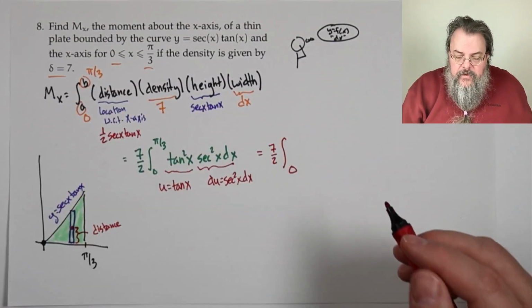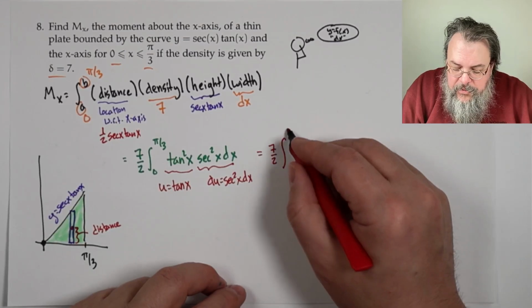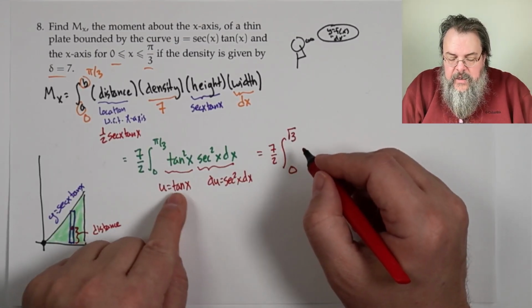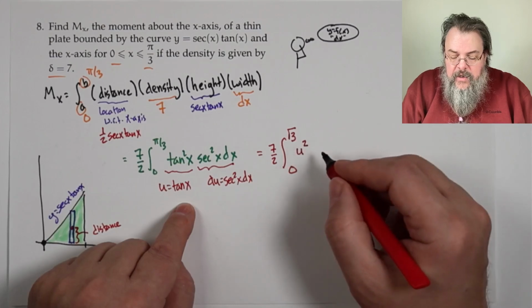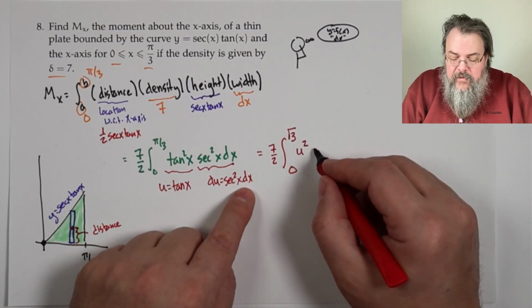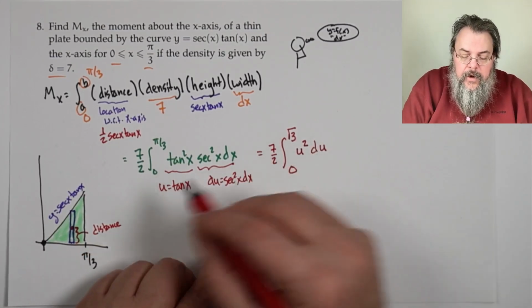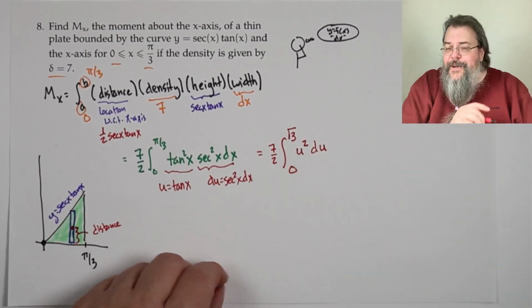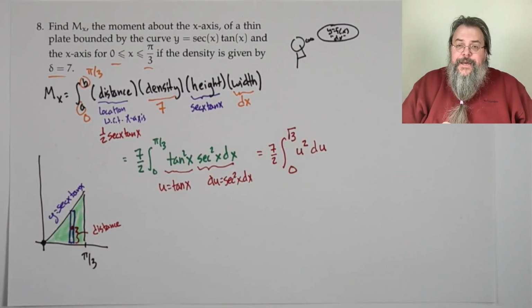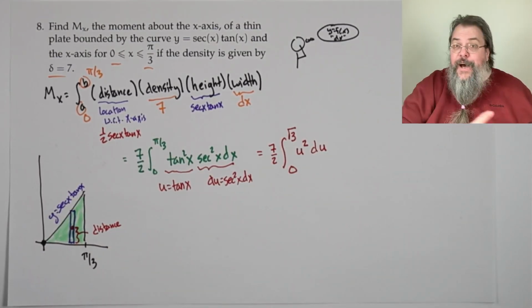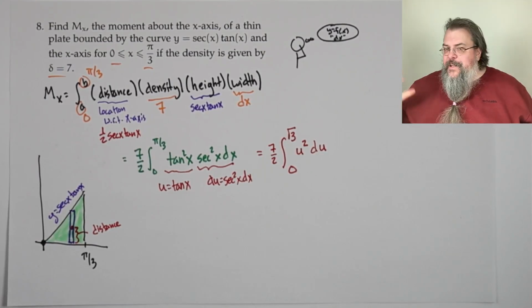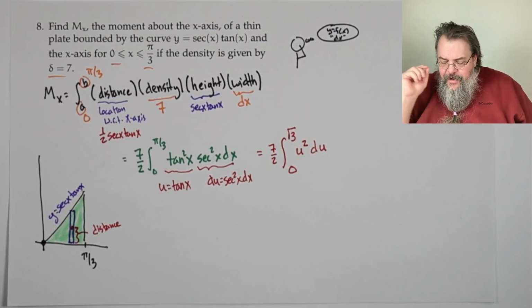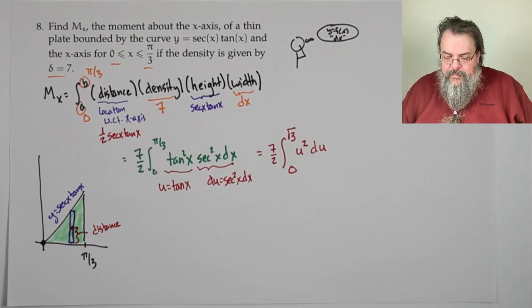Okay, so 0 to square root of 3. Then tangent squared x is u squared, and then secant squared x dx is du. And we always update our bounds. Why? Because if you update our bounds, you never have to go back. And that's a beautiful thing.